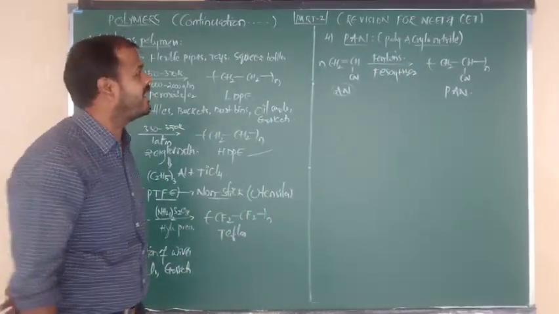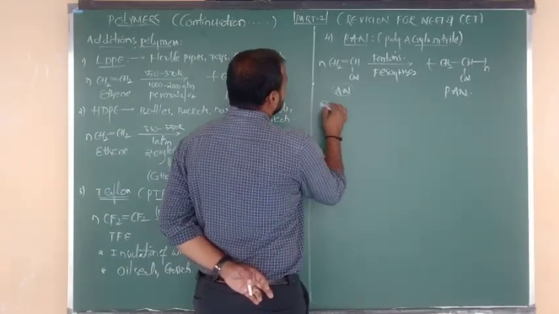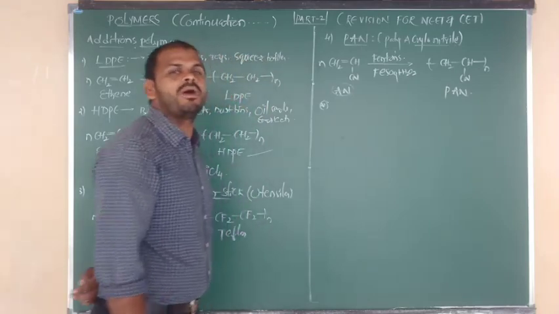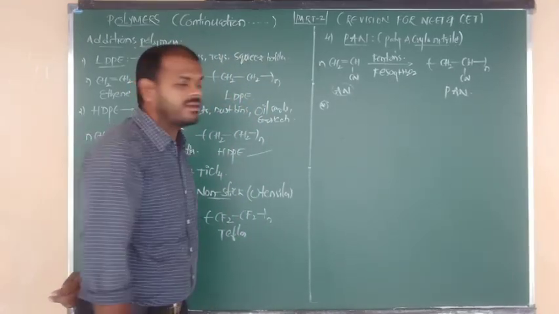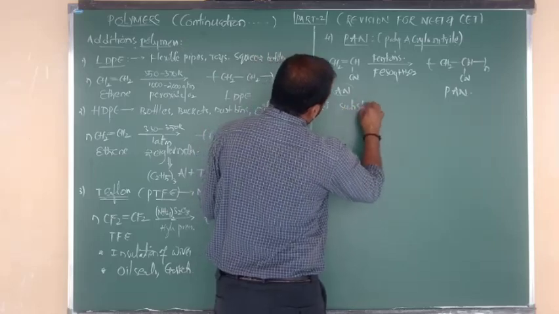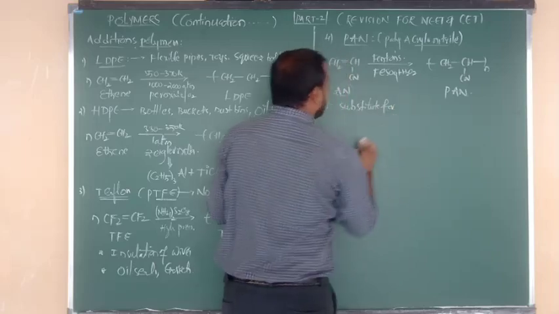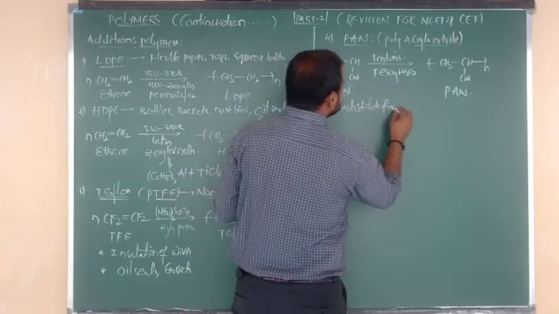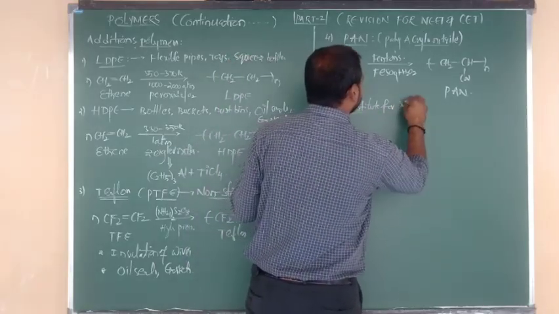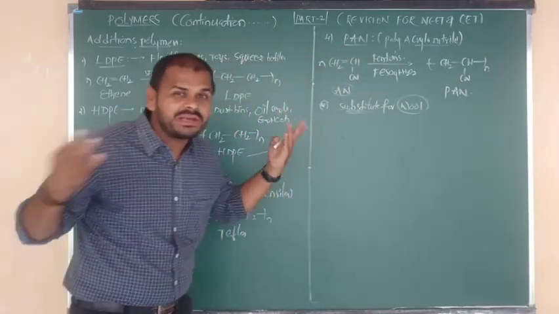Okay, beta? Good. So what is the use of polyacrylonitrile? PAN is used as a substitute for wool. It is used as a what, beta? Substitute for wool. Especially this wool is used in making commercial fibers.